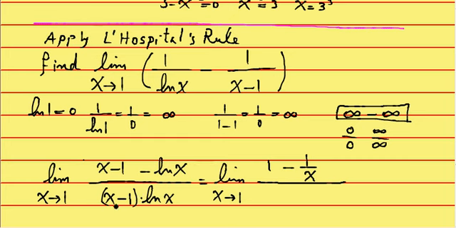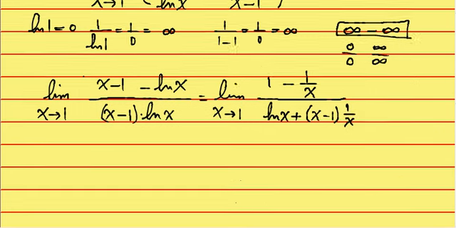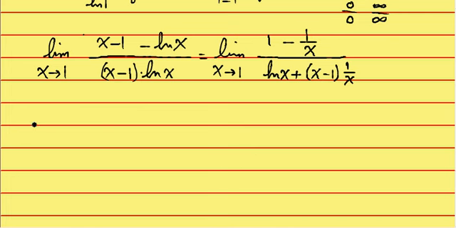Remember, here we have a product rule. Derivative of first times second, that is logarithm of x, plus first times the derivative of the second, derivative of logarithm of x, which is 1 over x.